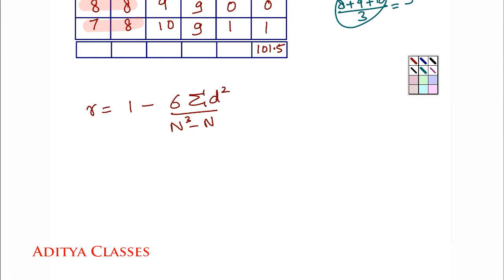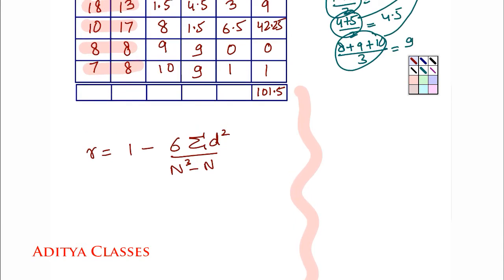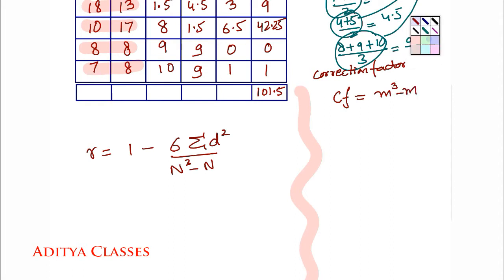So for that, I'll find out the correction factor. What is this C? This is the correction factor. It is m cube minus m upon 12.